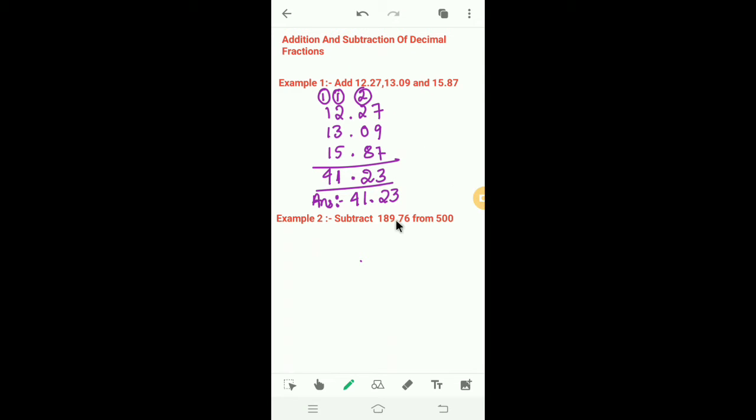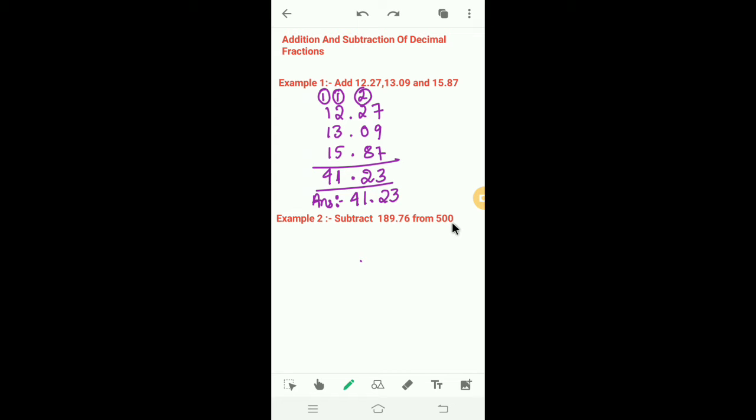Let's learn how to subtract decimal fractions. Here, second example, subtract 189.76 from 500. So first we have to write the numbers in column form. 500.